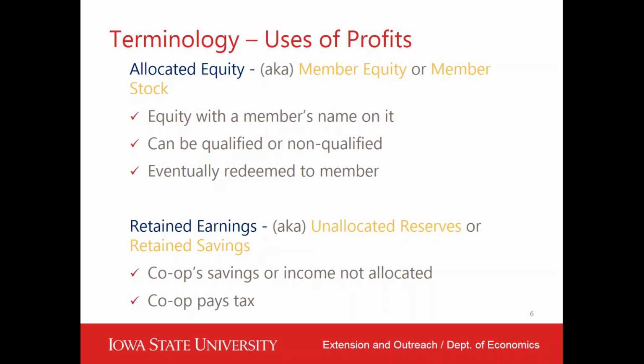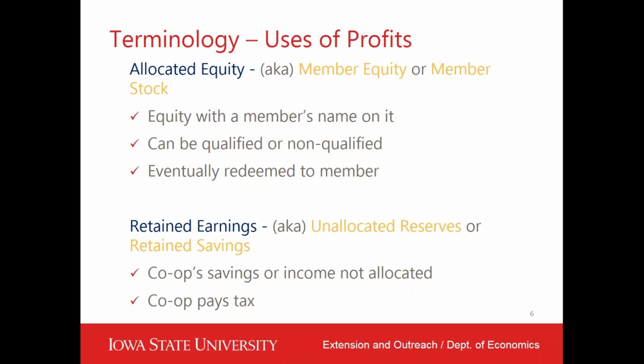This can be either qualified or non-qualified, and the distinction here is that this is equity in the members' names with the expectation that it will eventually be redeemed to the member. I'll get into what that eventually means and how that redemption strategy works. But this is the allocated portion of equity in members' names.